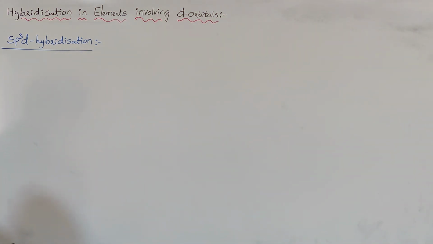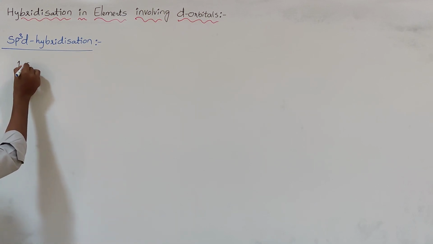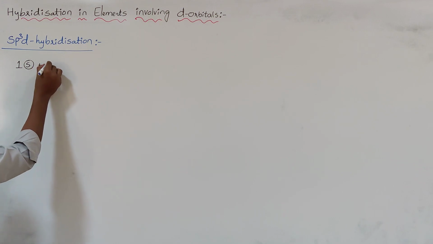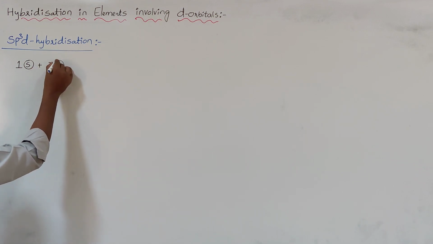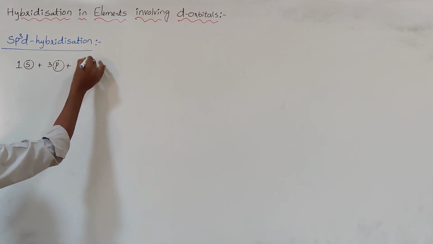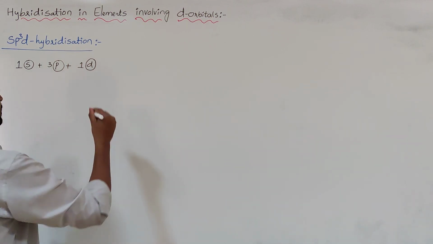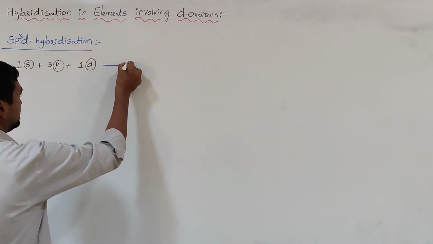In sp3d hybridization, 1 s orbital, 3 p orbitals and 1 d orbital, which are almost equivalent in energy, participate in the hybridization and redistribute their energies.